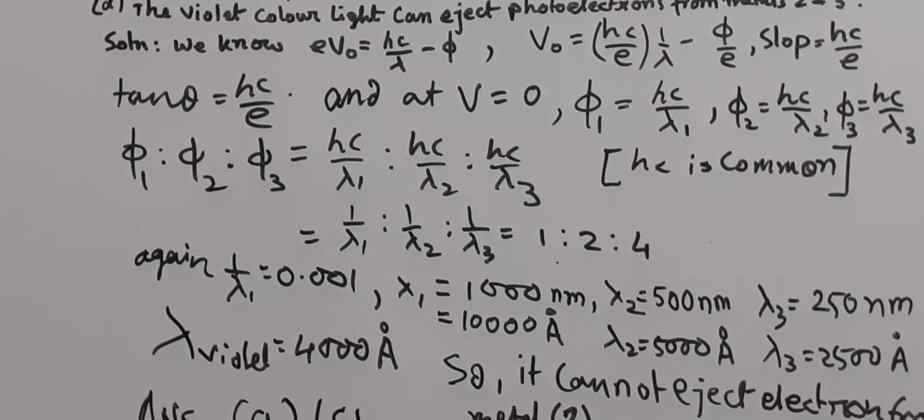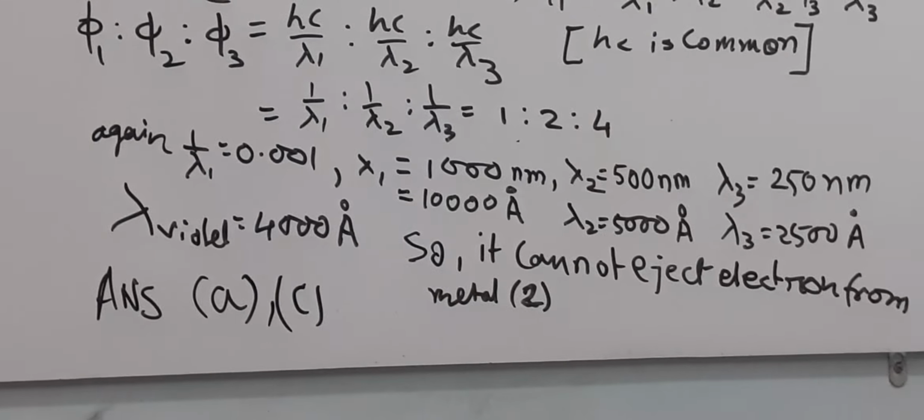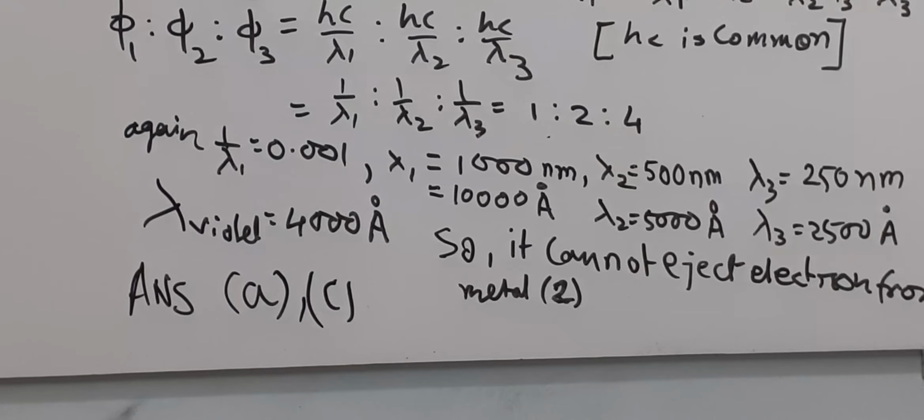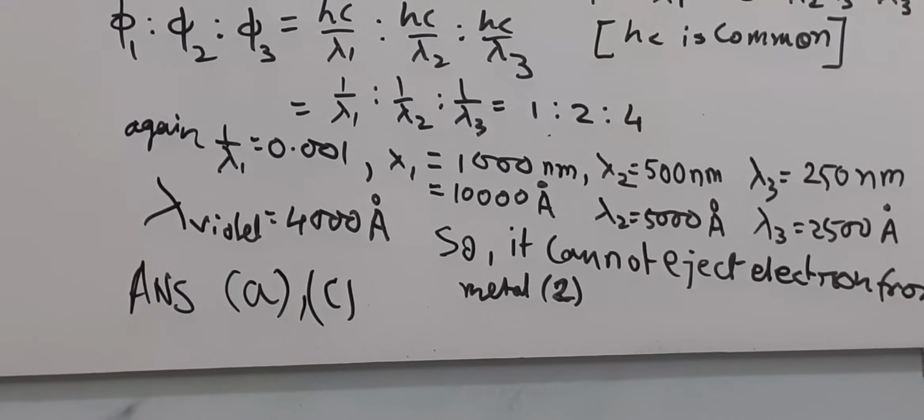It has come. Now, 1 by lambda is given in the diagram, that is 0.001. So, from here lambda 1 is available, that is 1000 nanometer, similarly lambda 2 500 nanometers, and lambda 3 250 nanometers, and in angstrom it will be just 10 times, that is 10,000, 5,000, 2,500 angstrom.